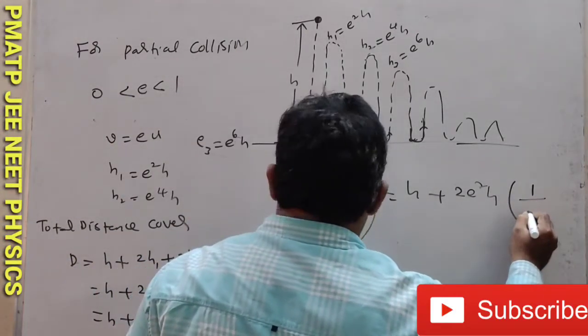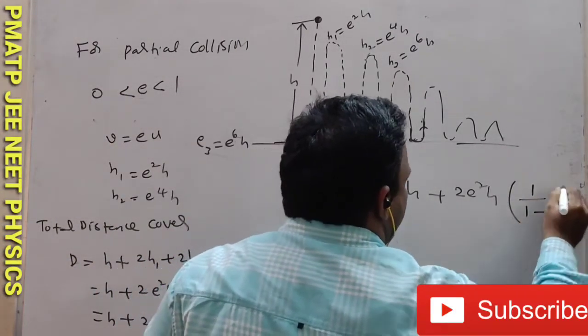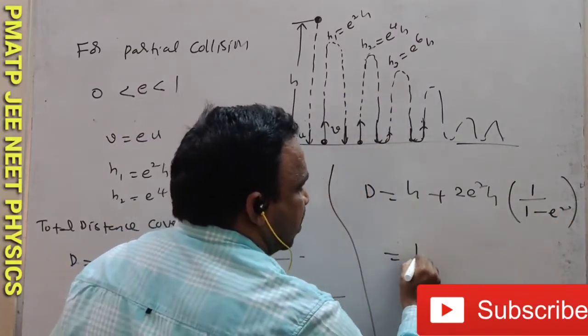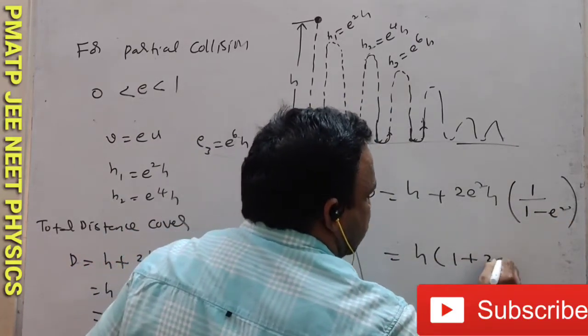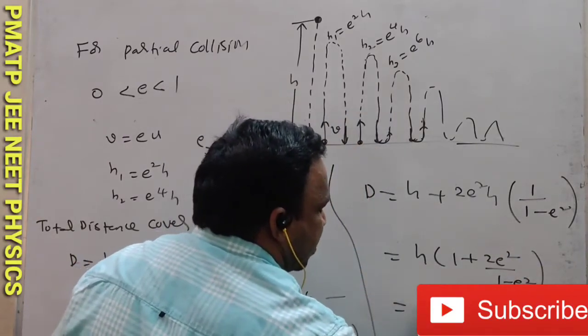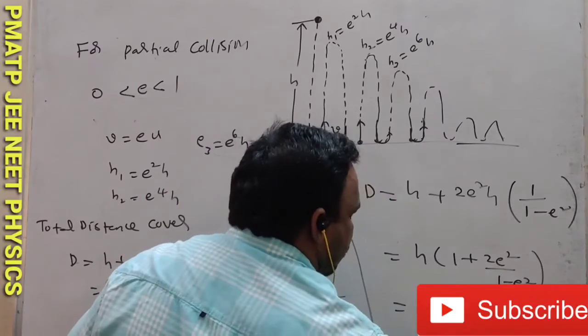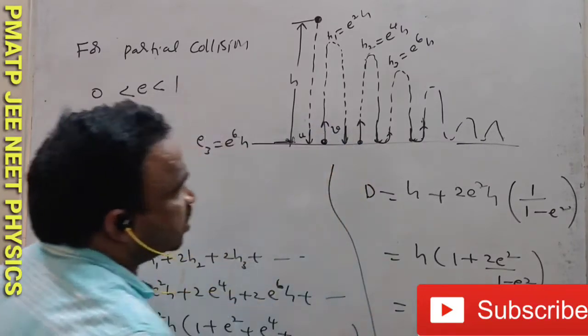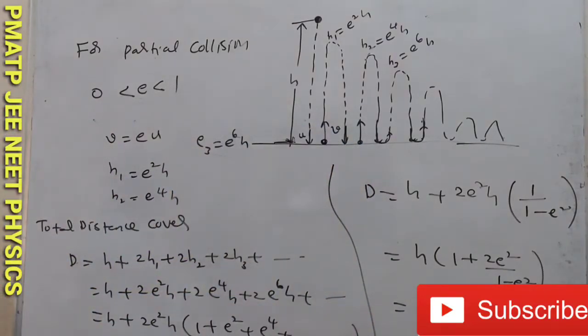Here a is 1 and the common ratio is e². Now simplify it: h into 1 plus 2e² by 1 minus e². After simplifying, you can get h into 1 plus e² by 1 minus e². This is the total distance traveled after successive rebounds.